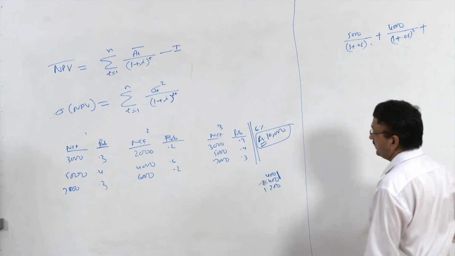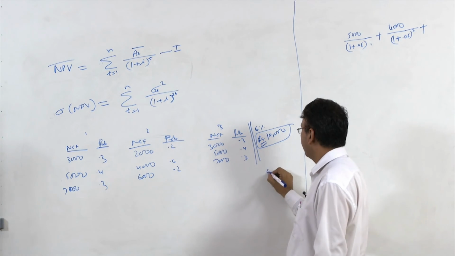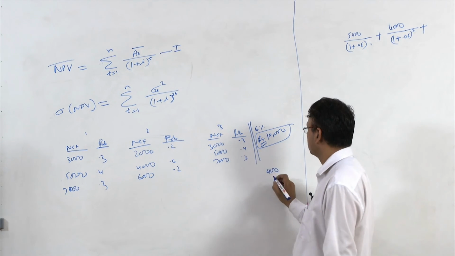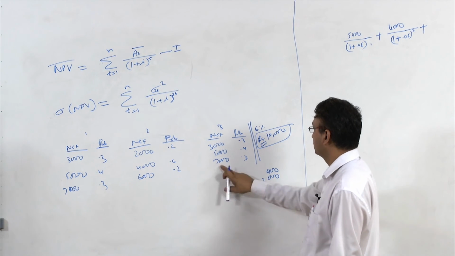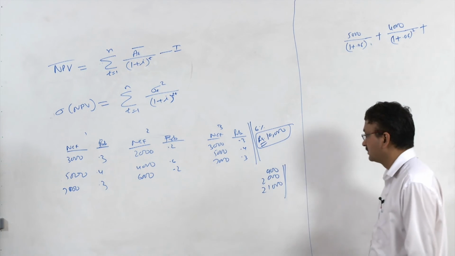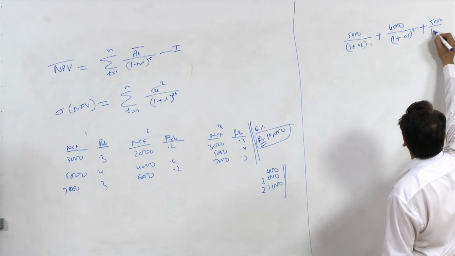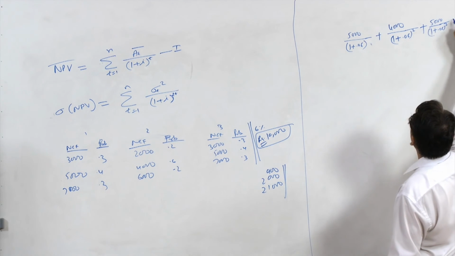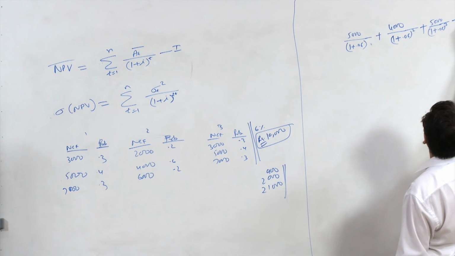The third one would be 900, 2000, then 2100, this is 5000, divided by 1 plus 0.06 cubed, minus the initial investment of 10,000, right.